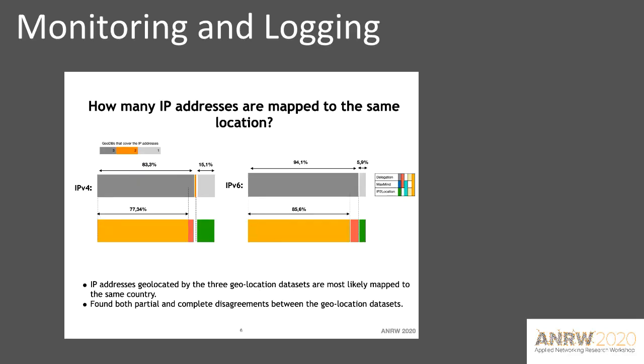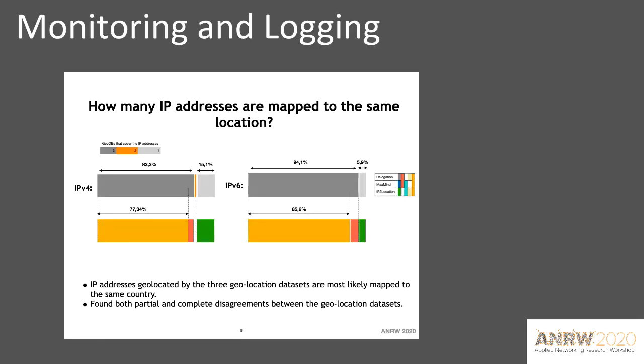The top part of the slide shows the percentage of IPs mapped by the datasets to a country in May 2018. The dark gray color indicates that the IPs are geolocated in all 3 datasets.